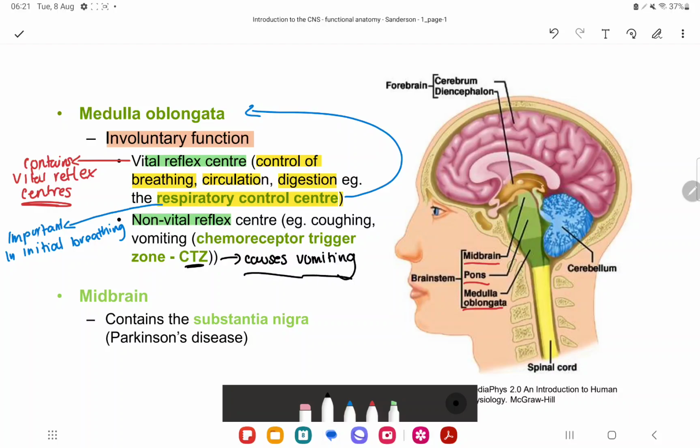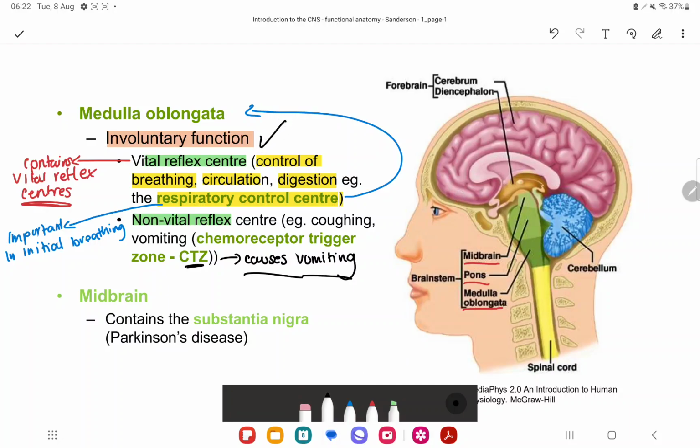So that's the medulla oblongata. Remember, when it comes to the medulla oblongata, you want to say three things. The first is that it's important in involuntary function.